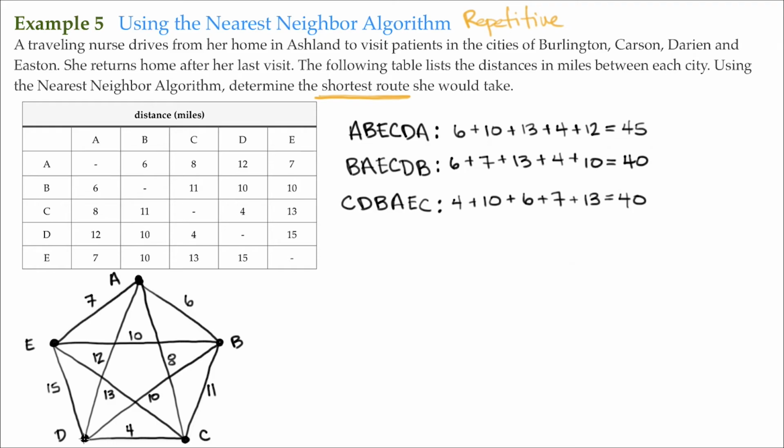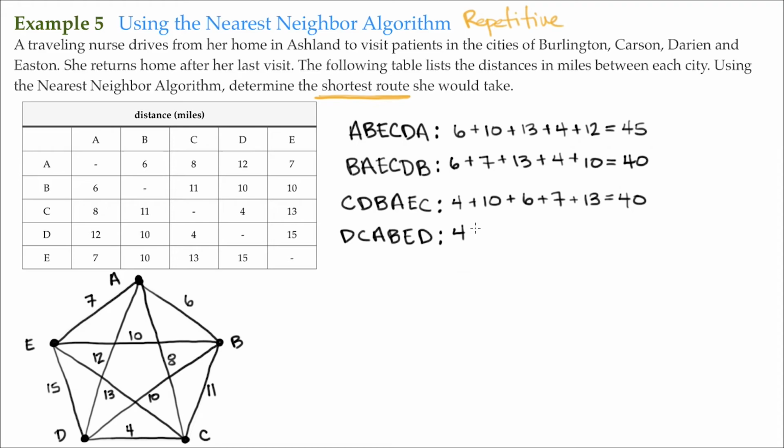Let's try starting at D. D obviously will go over to C. From C, we could either go up to B or go up to A. A is shorter. A to B. B over to E. And then ending back at D. So add it up, D to C, that's 4.